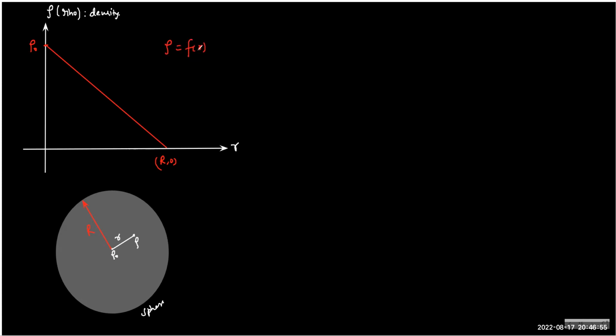If it means a function of r, don't worry, you will study this in detail in calculus. Can you tell me the equation of this line? What is the relationship between rho and r, in terms of rho naught, capital R, and so on?